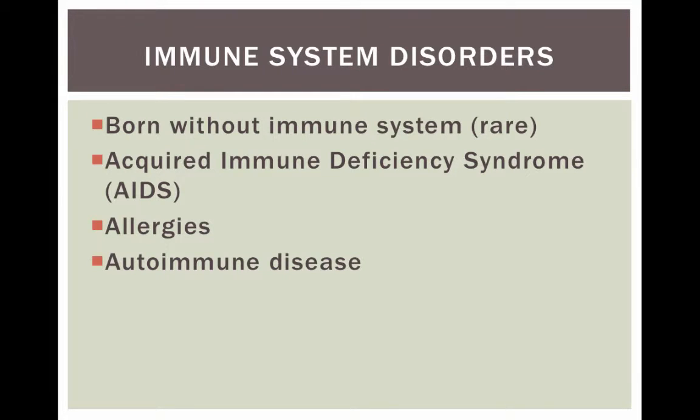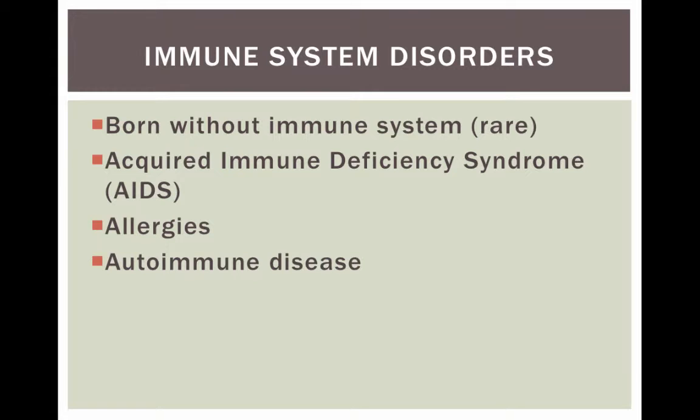Now we're going to talk a little bit about immune system disorders, or when our immune system doesn't work properly. In very rare cases, the immune system fails to develop in an individual. So this is kind of that idea of children, quote, kept in a bubble, right, or who are protected from all their outside surroundings.